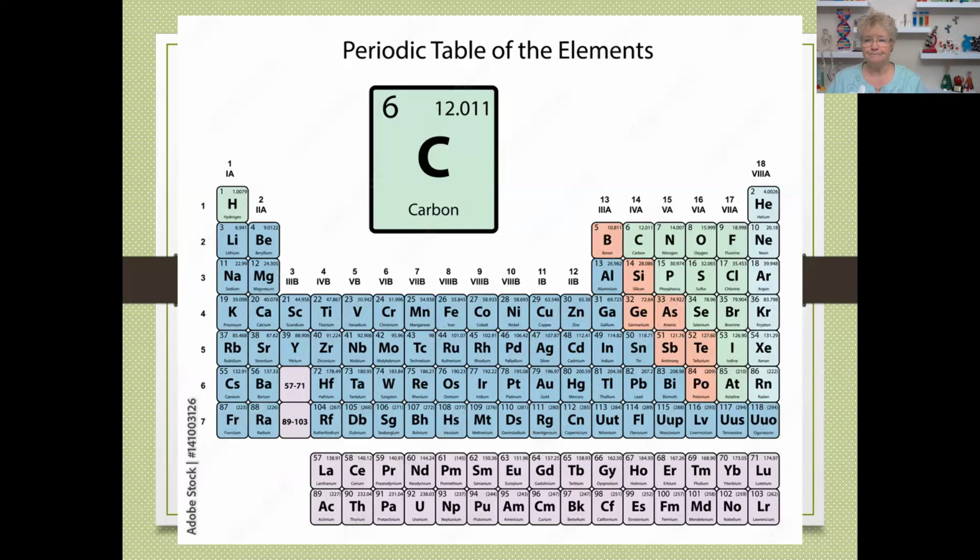Nyla? 6. Excellent. What is its atomic mass? Isa? Can't hear you, Isa. Now you can hear us, but we can't hear you. All right, you can type it in the chat box if you want.